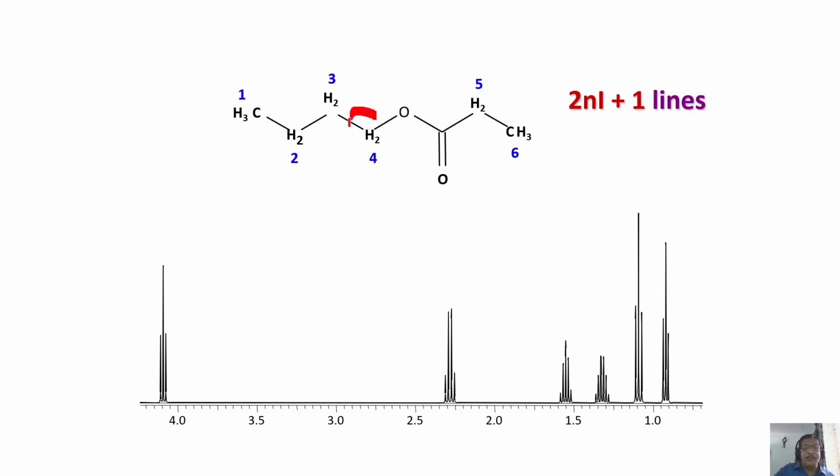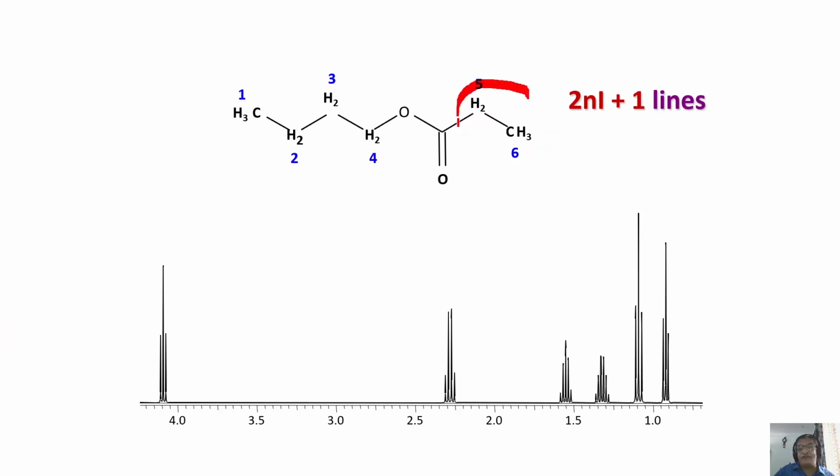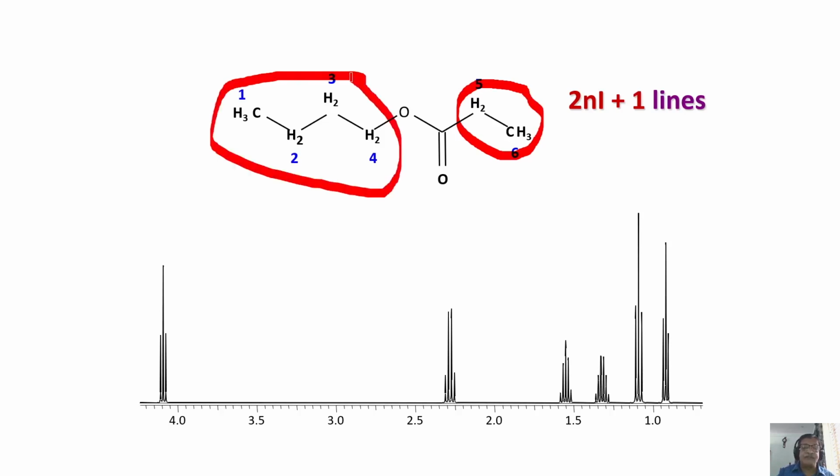I don't say this proton can couple to this because there are several bonds away. So you can distinguish this is one coupled partner, a particular coupled spin system. You can identify this as one spin system and the remaining 4 are another spin system. Very easy. You have distinguished two spin systems here. This is easy to analyze.